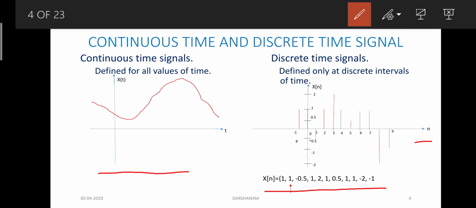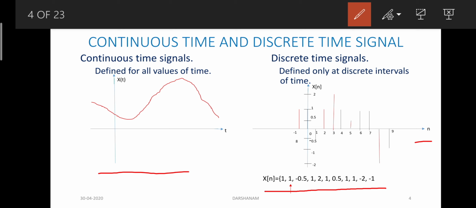These numbers are magnitudes of signal at n equal to -1, 0, 1, 2, 3, etc. Here we have to mark the origin of signal, that is the magnitude of signal at n equal to 0.